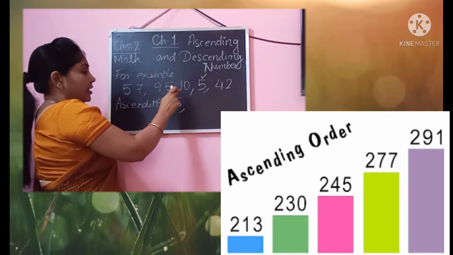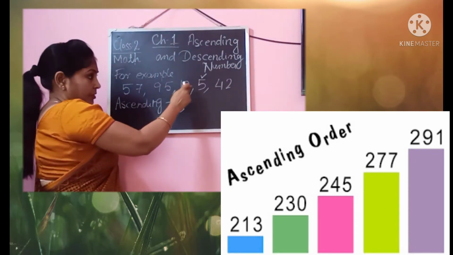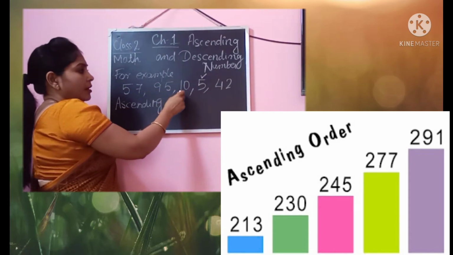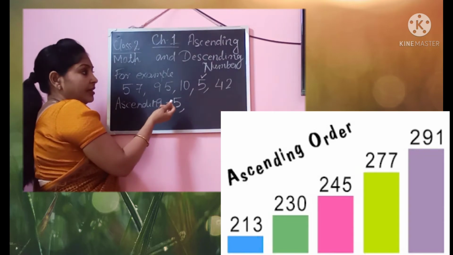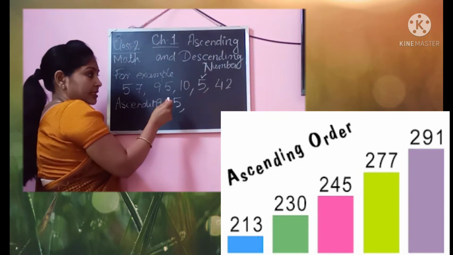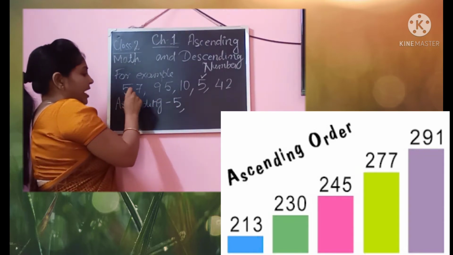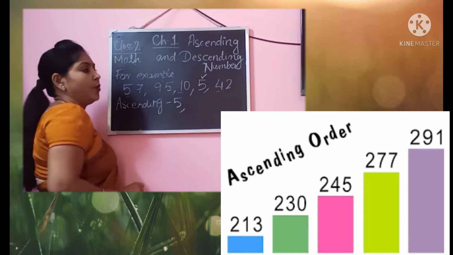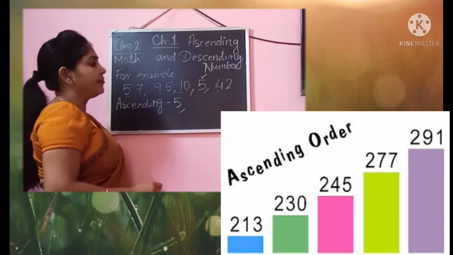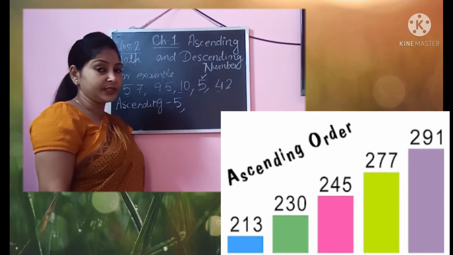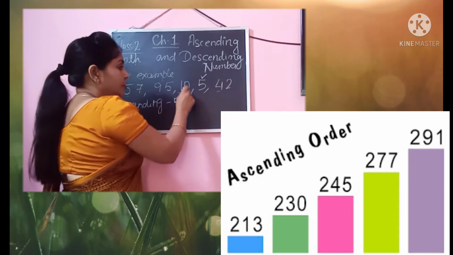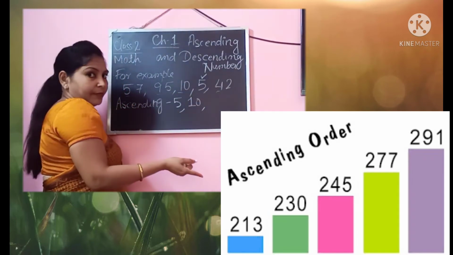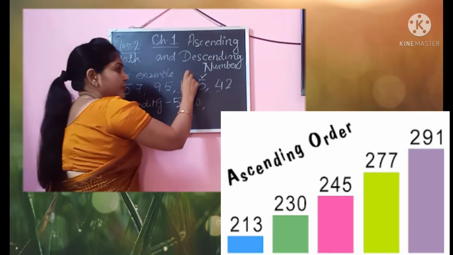You see here all are 2 digit numbers, then we will see their tens place. Now here we have 5, this is 9, this is 1 and this is 4. Among 5, 9, 1 and 4, which is the smallest? 1 is the smallest. So we will write 10 as the next bigger number. Okay. Now 10 is also done.